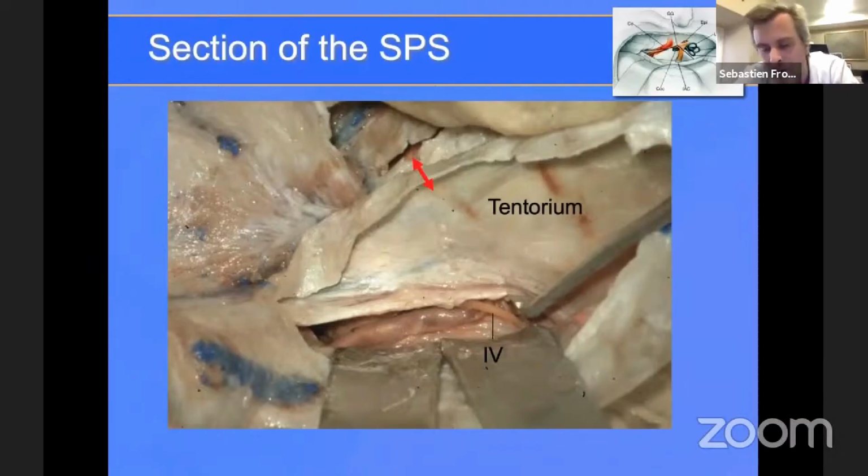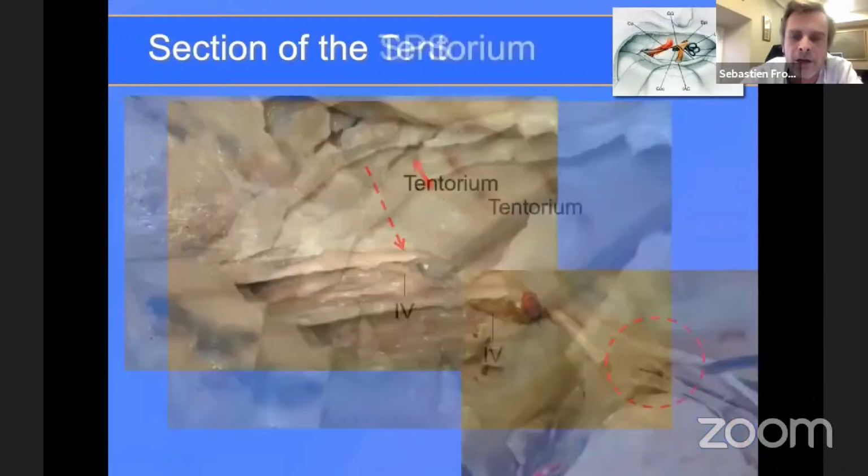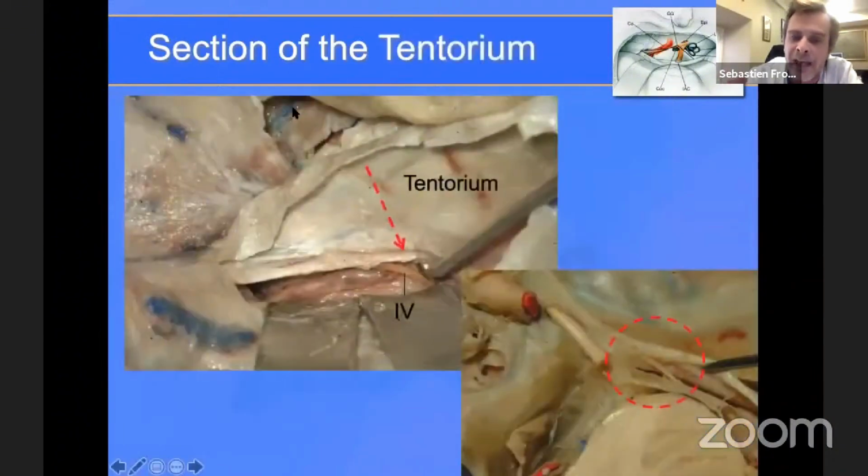Usually, sometimes in petroclival meningioma, it's already occluded, but again, you can look at it on the MRI, MRV, or angio before. Cutting the tentorium, neuronavigation is nice here because it's not always easy to understand the direction where to go. If you go too anteriorly, you can cut forward.